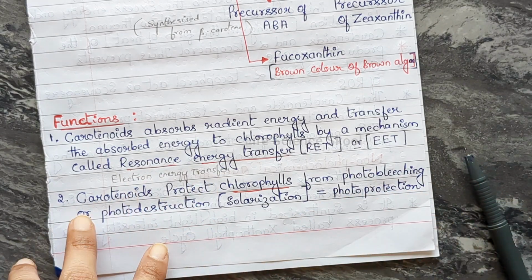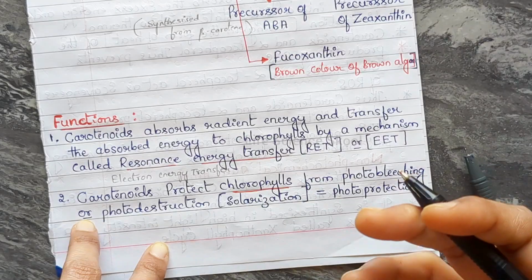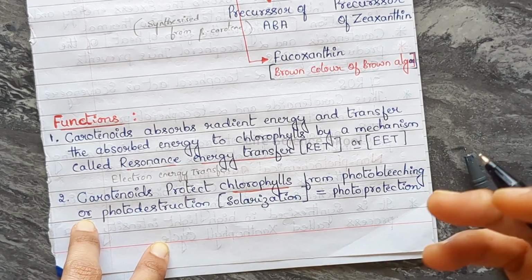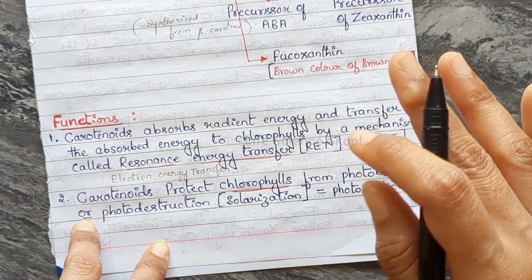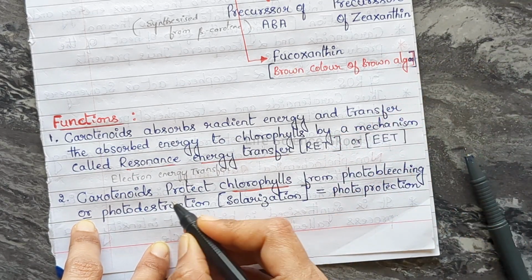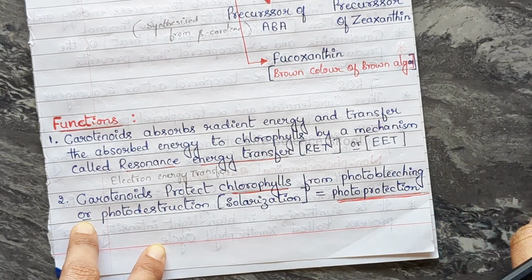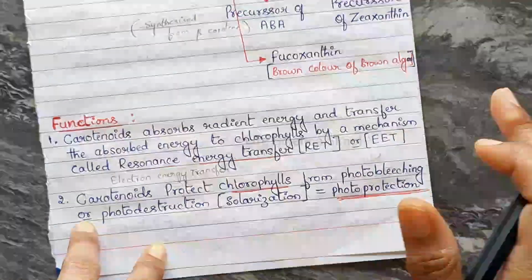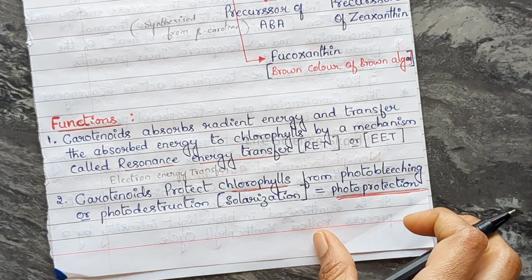If there is an excess intensity of sunlight, the plants are unable to do photosynthesis. That leads to a condition called photoinhibition. Photoinhibition means there is a reduction in the process of photosynthesis. But carotenoids help as a photoprotector, because they protect the chlorophyll from undergoing photodestruction or photobleaching, or you can say photoinhibition.